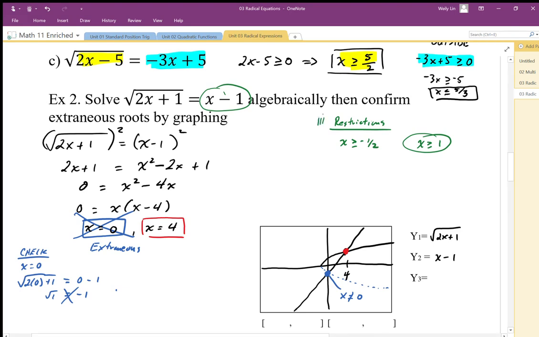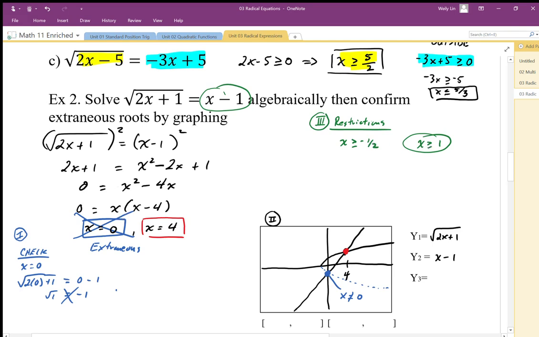Okay, so I'm going to put 3 here. This is going to be our first way, and these should be the priority as well. The easiest way to test for extraneous roots is just by checking. Another easy way is by graphing. The third way, which is one that we probably want to avoid, but we should know about it, is that if we check the restrictions, our solution has to pass the restrictions as well.